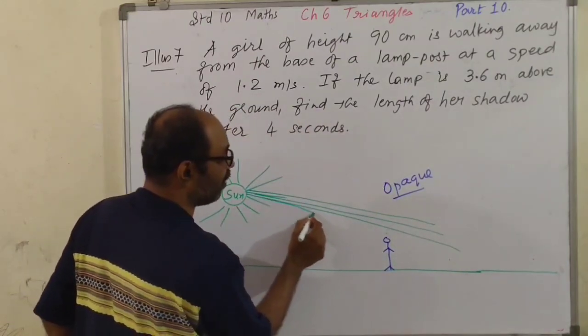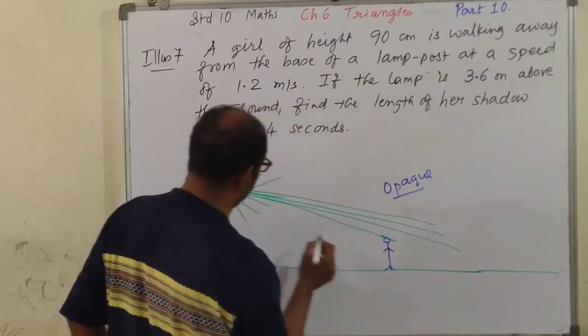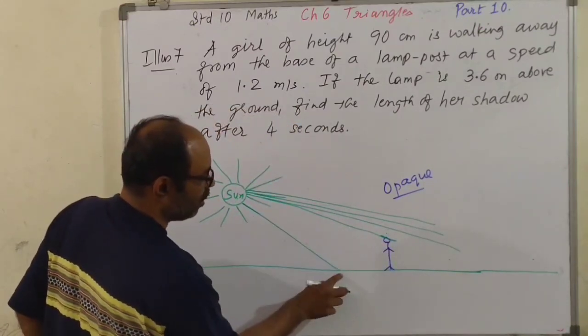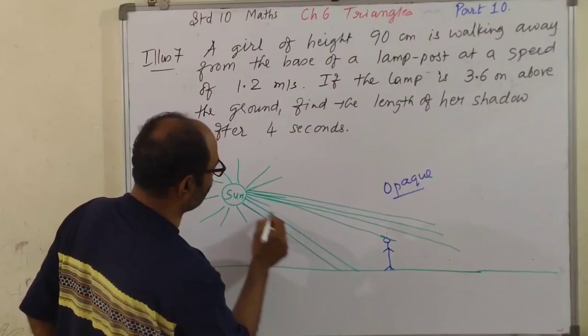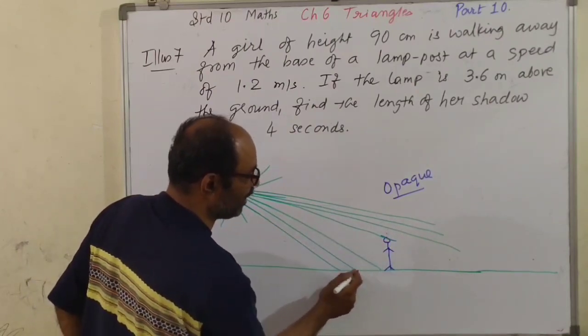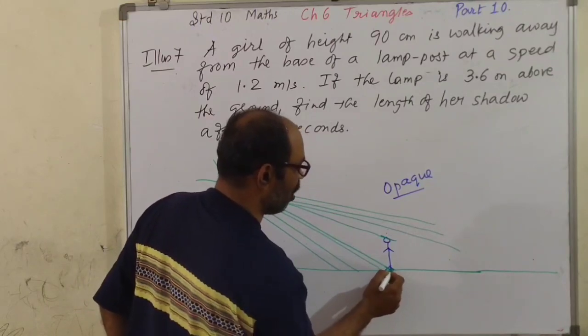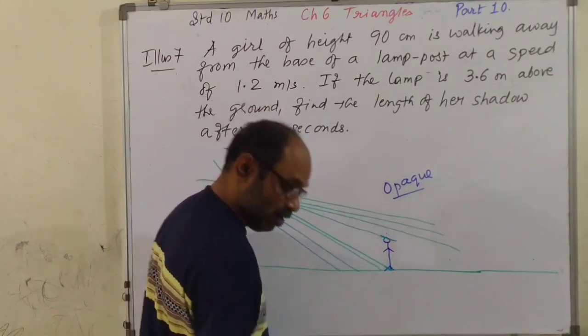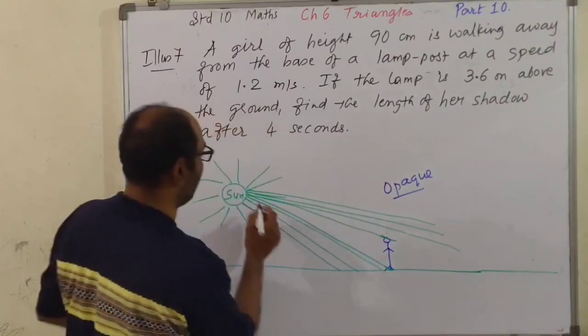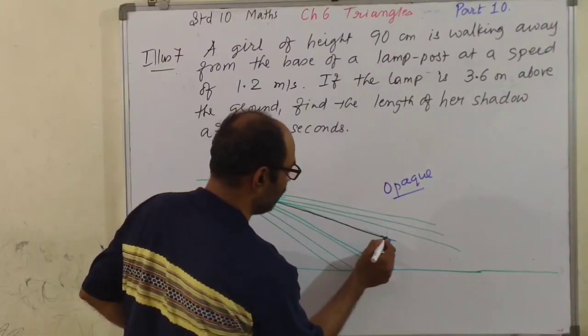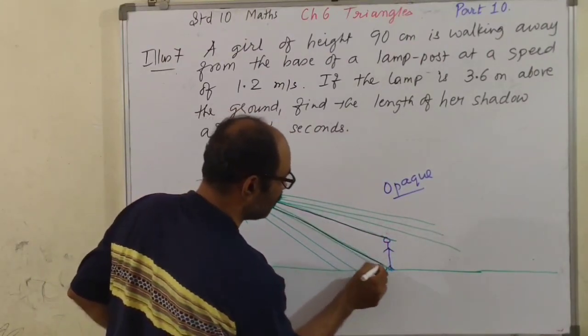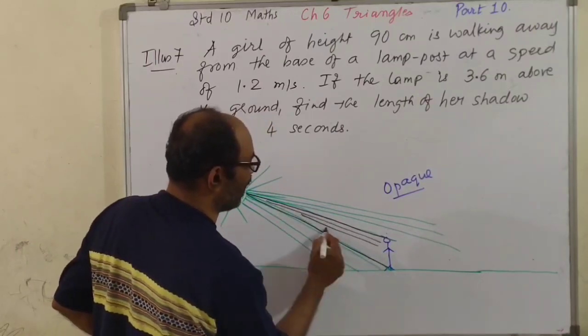But the light ray which is passing from the top, this light ray will show sunlight here. This will show sunlight here. This will show brighter part here. Lekin this will stop here. Correct? So, I am talking about this light ray. This. And this. And all in between them.